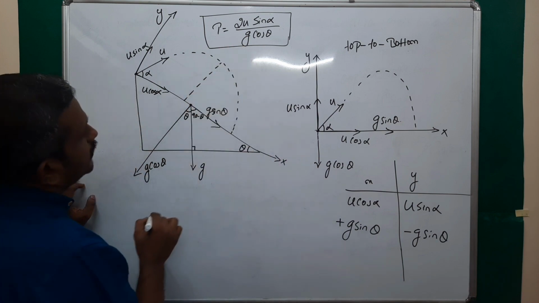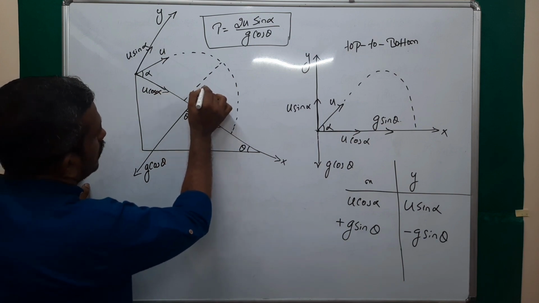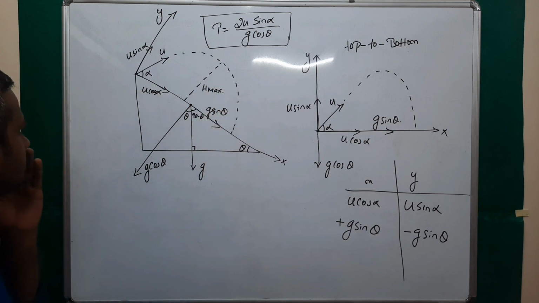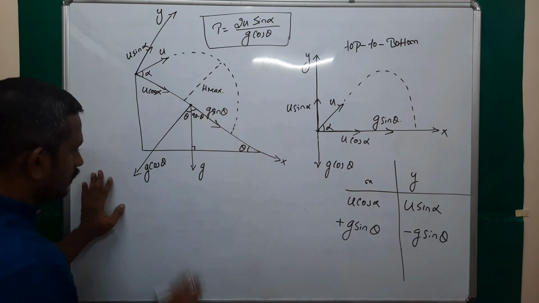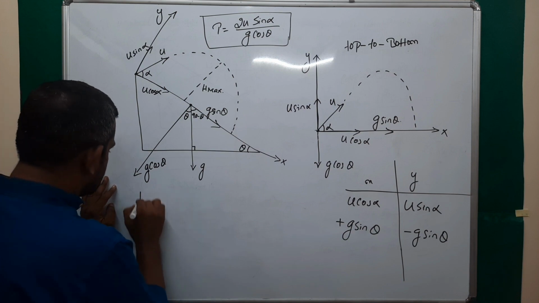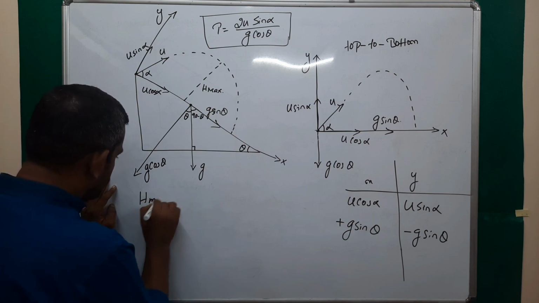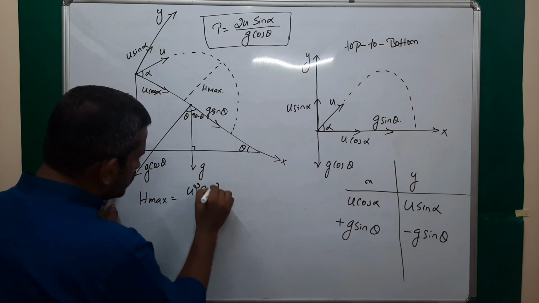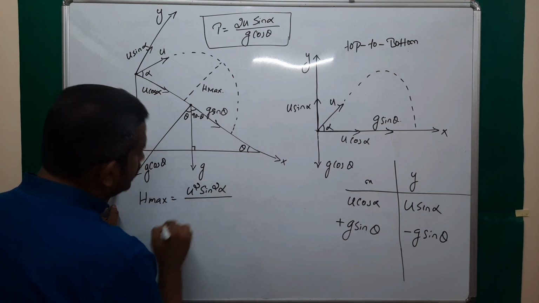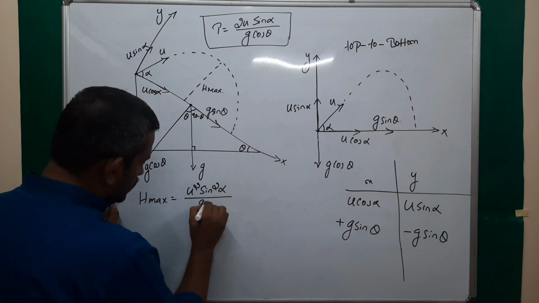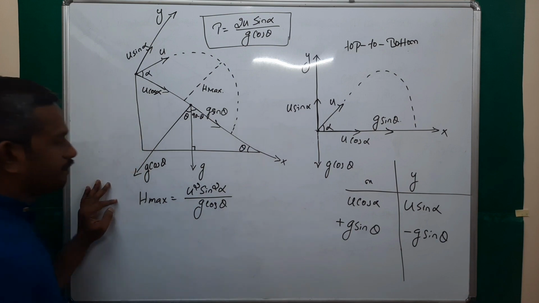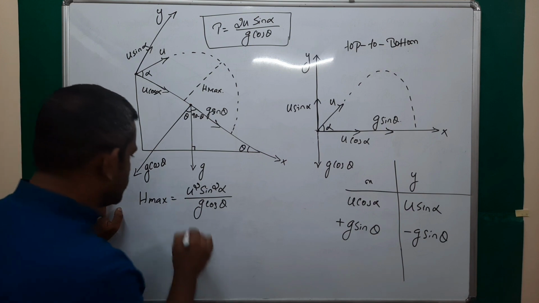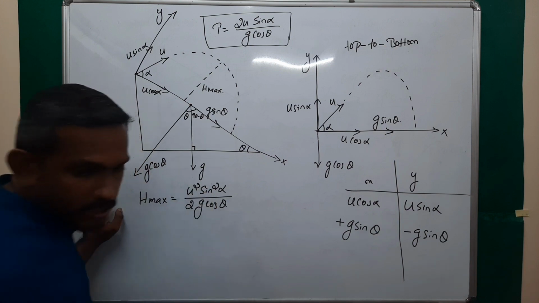The maximum height attained by the projectile, H max. So what is the formula? H max is equal to u square sin square alpha divided by 2g cos theta.